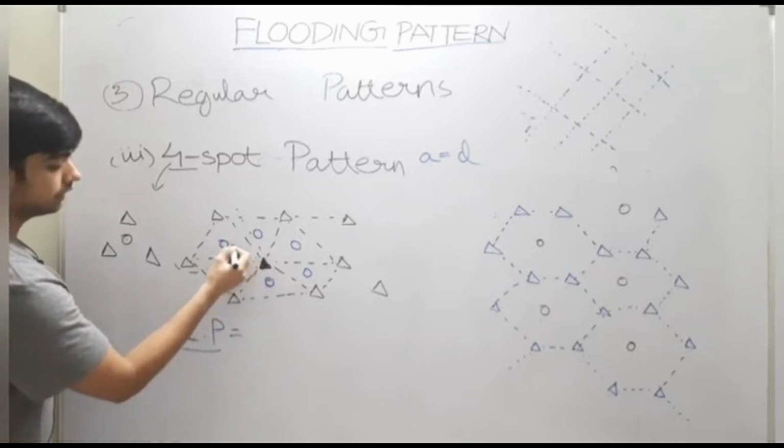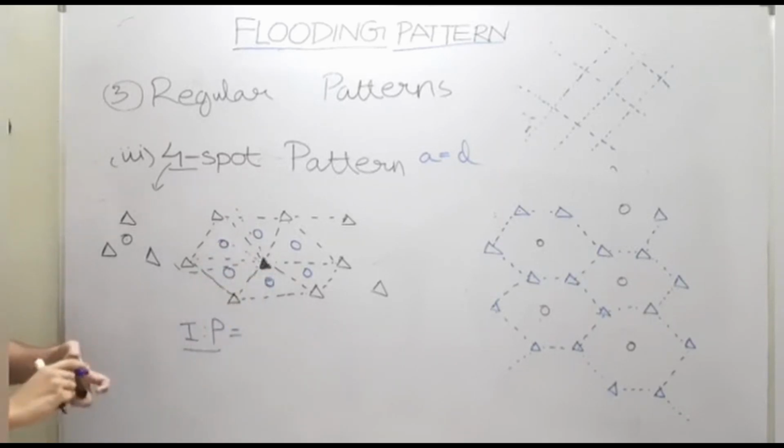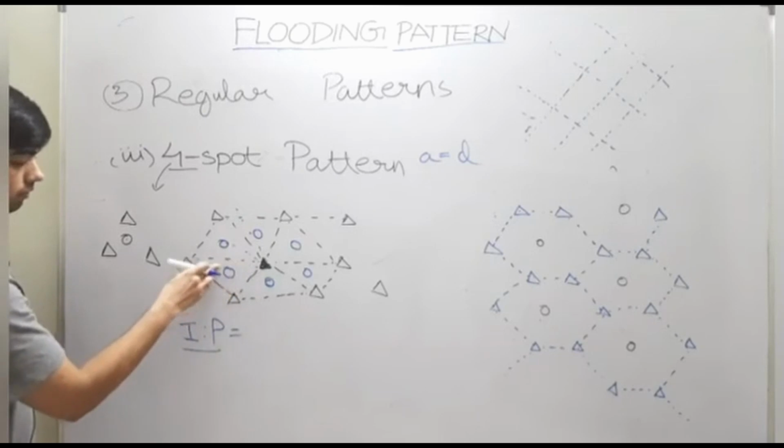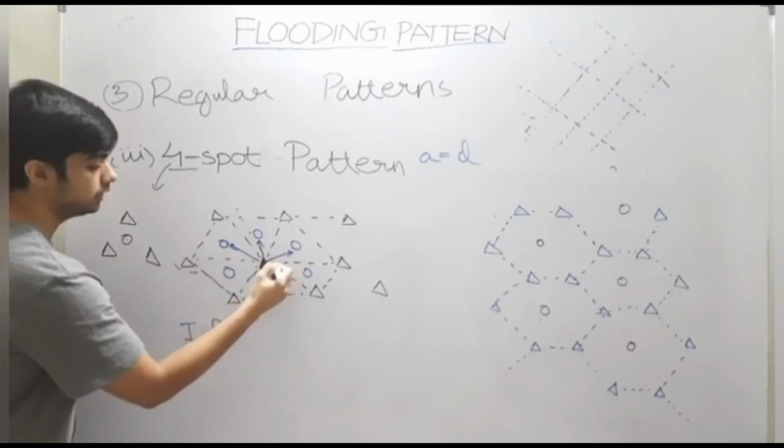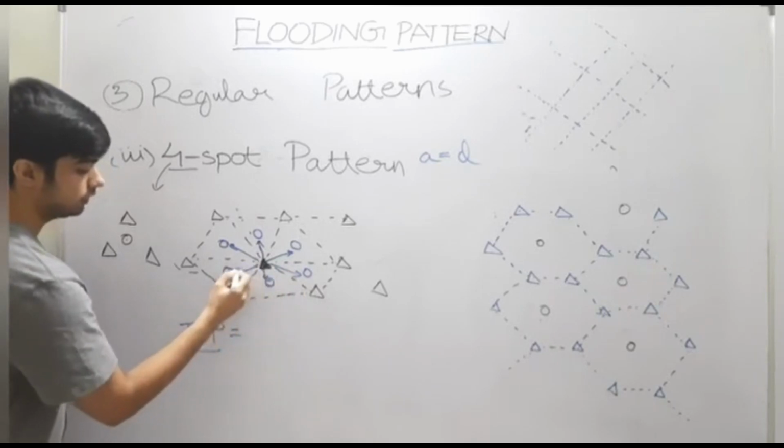So it is connected to this well, and this well, 1, 2, 3, 4, 5, 6.